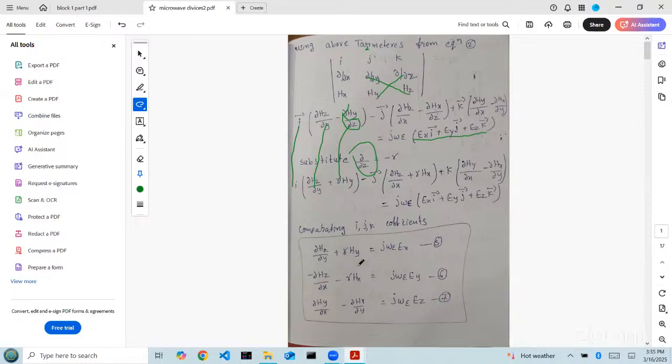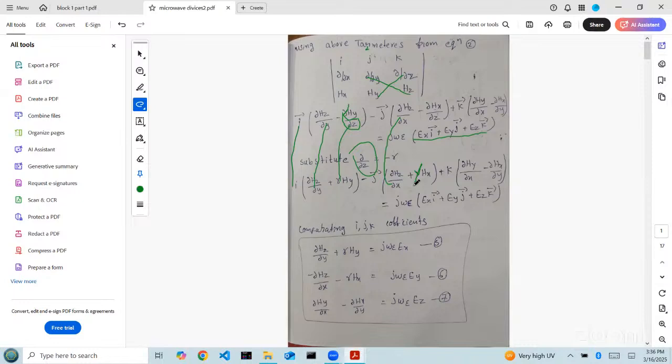Next check the second term. Minus j dou hz by dou x is written as it is because we are substituting only the dou by dou z term. Minus of minus is plus gamma hx. Next, check if there are any changes in the third term. No, because there is no dou by dou z. Again the RHS is written as it is.